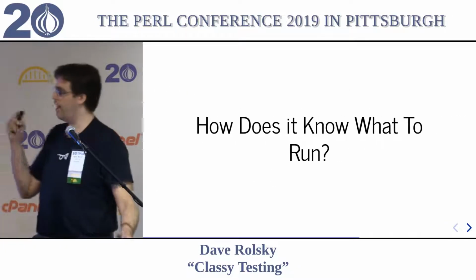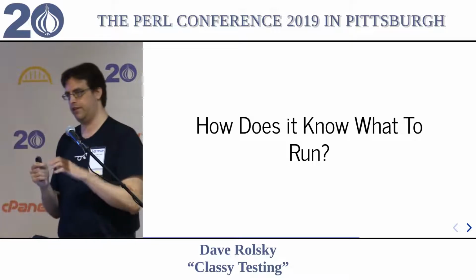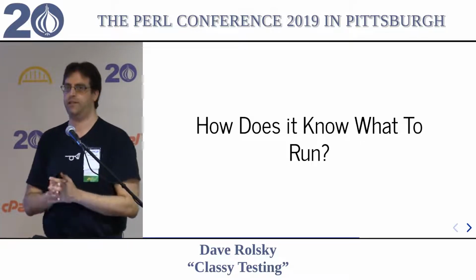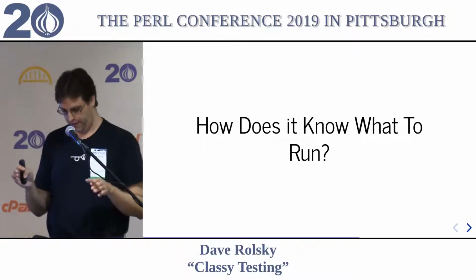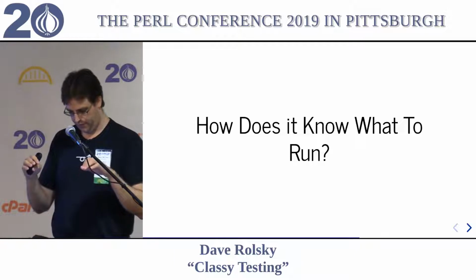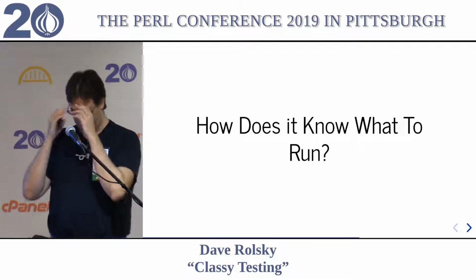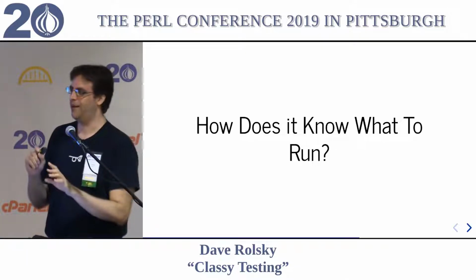All right. So how does it know what to run? That's a good question, right? What the CLI module is going to do under the hood is use something that ships in the distro called Test::Class::Moose::Load. Okay, I'm not explaining this well.